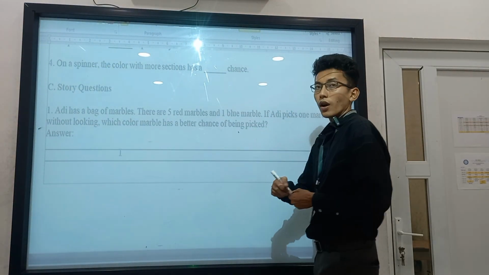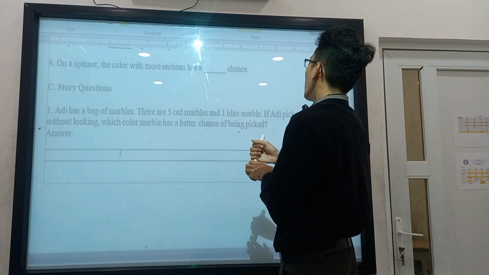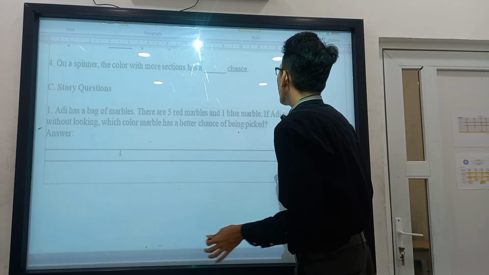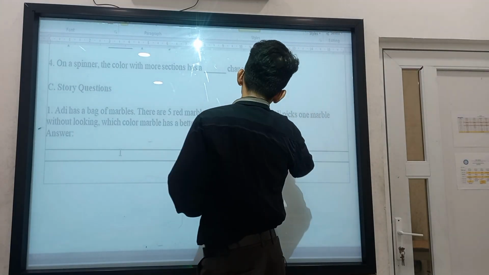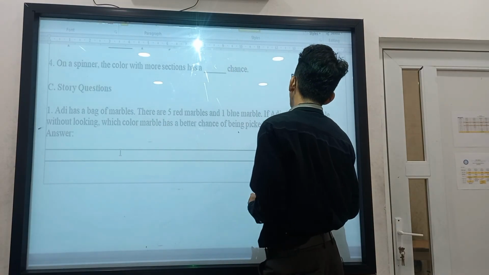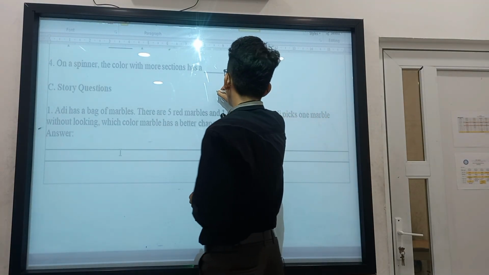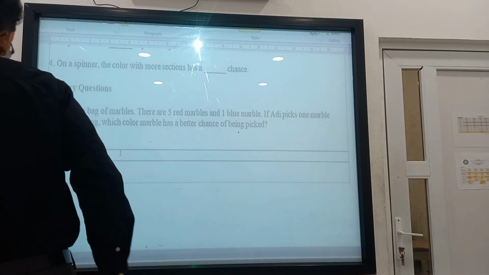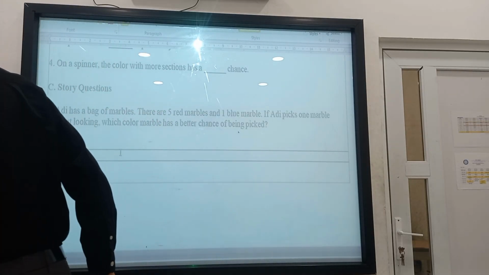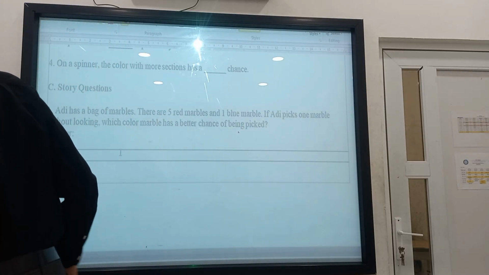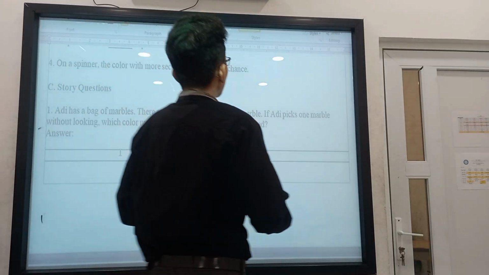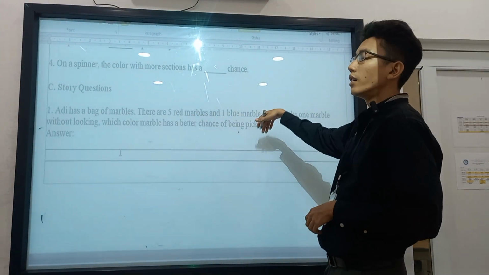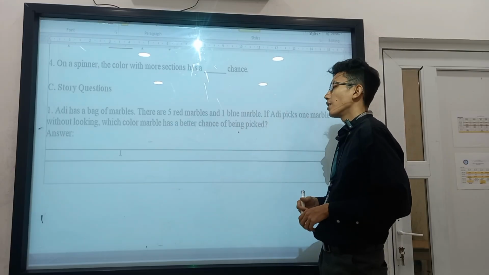So, we already know about probability. The probability can be represented with a fraction.